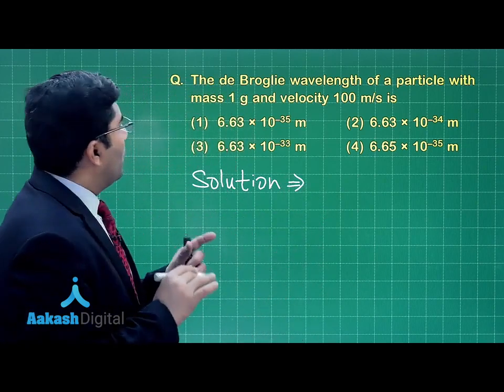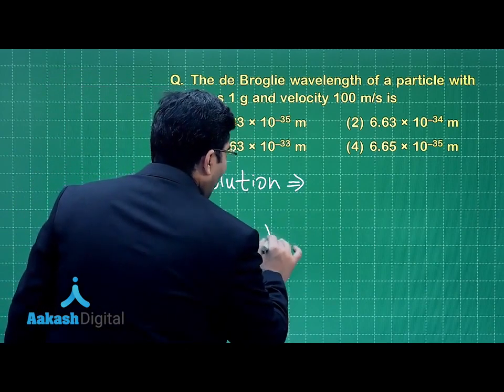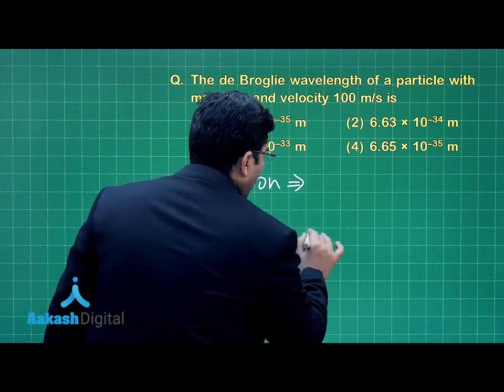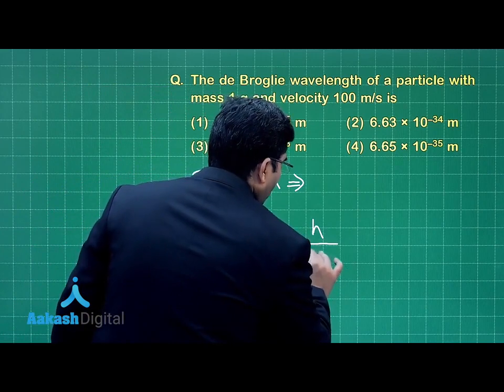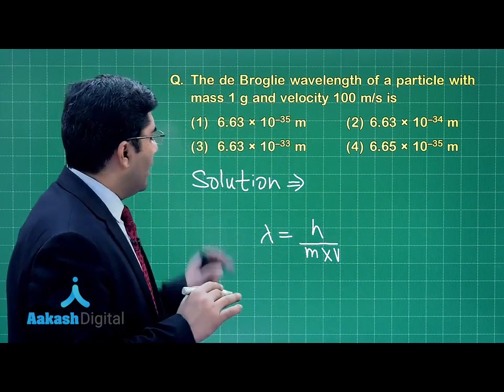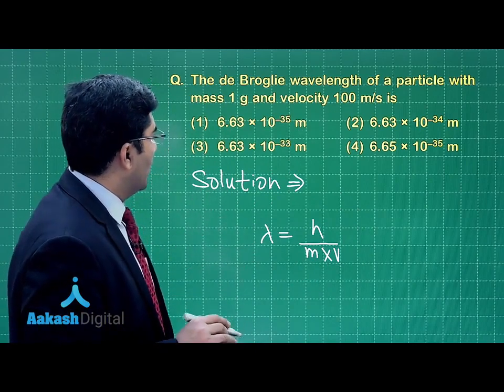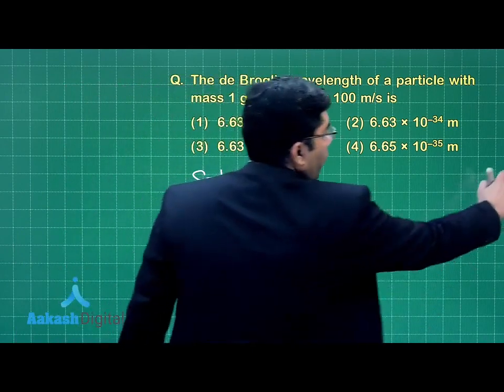Now, this is a question based on de Broglie wavelength, and we all know that the de Broglie wavelength lambda is equal to h upon m into v, where h is the Planck's constant, m is the mass of the particle, and v is the velocity, right? Now, what we will do?